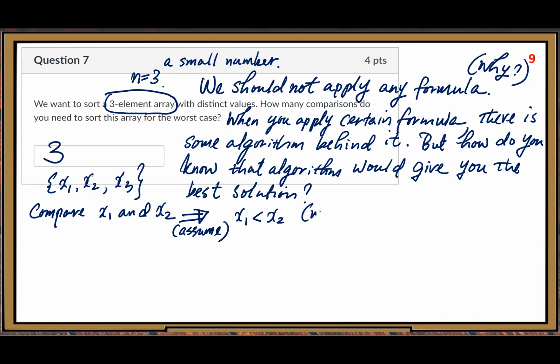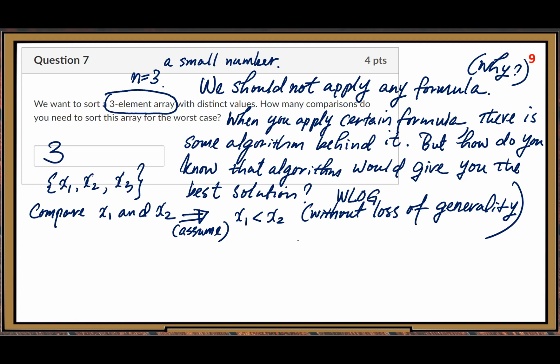So here we have this similar situation, without loss of generality. Sometimes people write WLOG, because people always use this way, trying to make it as simple as possible.